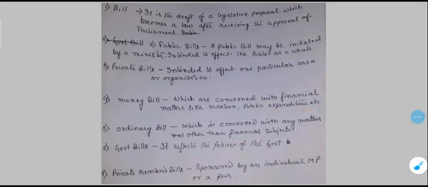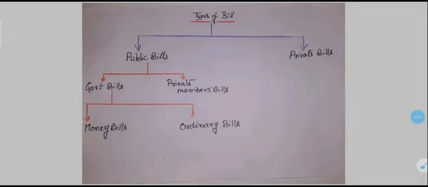So these are some important definitions which you should know about bills. This is the types of bills which our parliament has. All the bills and proposals do not come under one particular type. They are divided according to their issues, their area, and their areas of discussion.